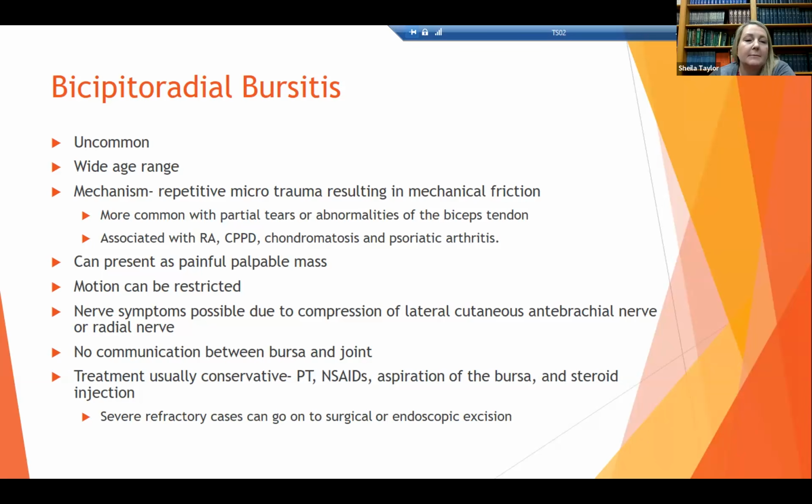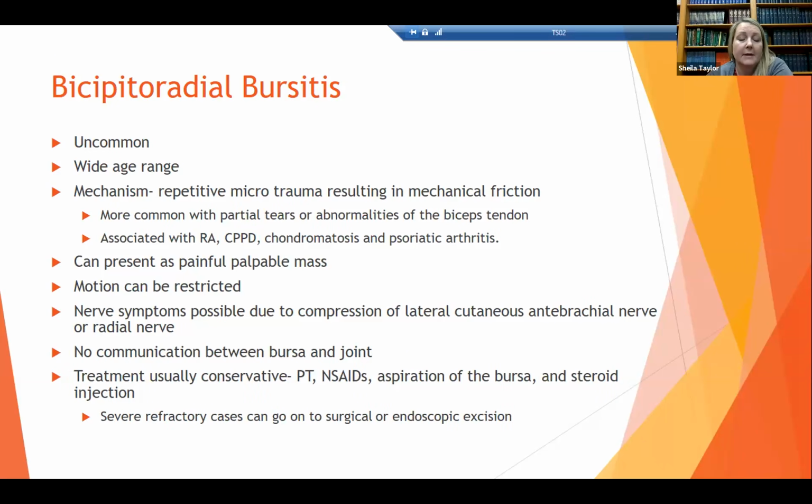But the mechanism most commonly is repetitive microtrauma resulting in mechanical friction in that biceps area. And specifically with our patient, I do think that that little bone spur and her repeated motion set her up for this, because her lab work and everything was negative for any type of inflammatory arthropathy or autoimmune disease.